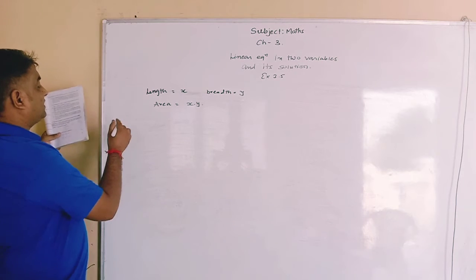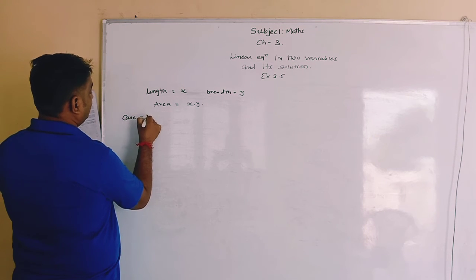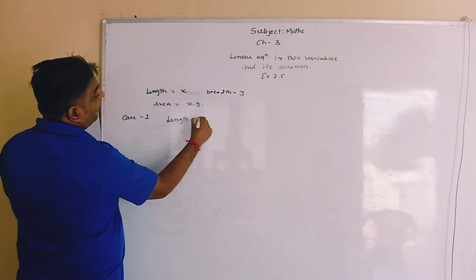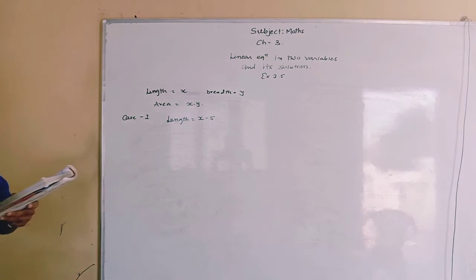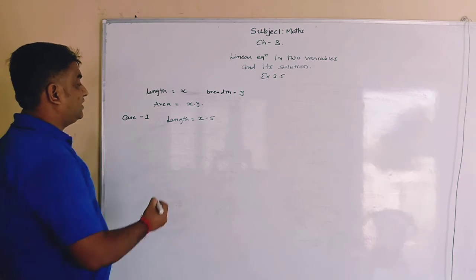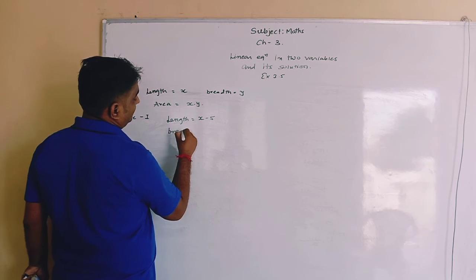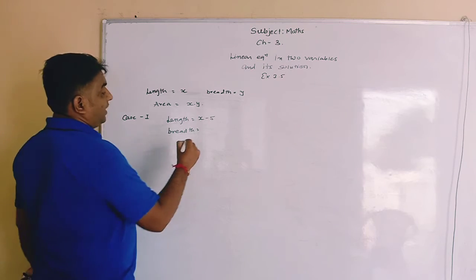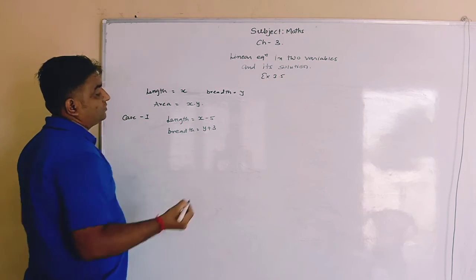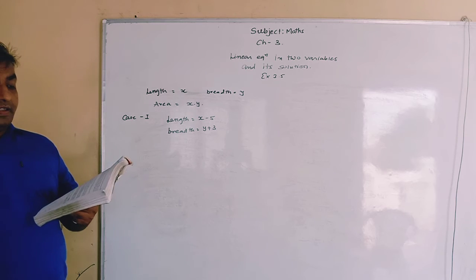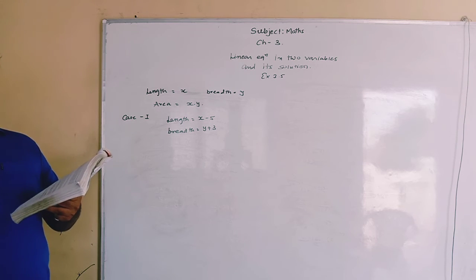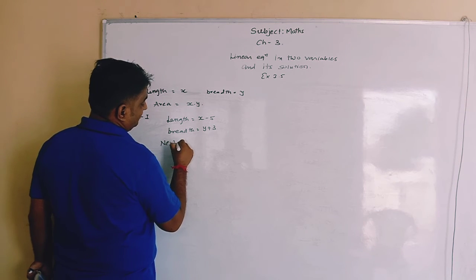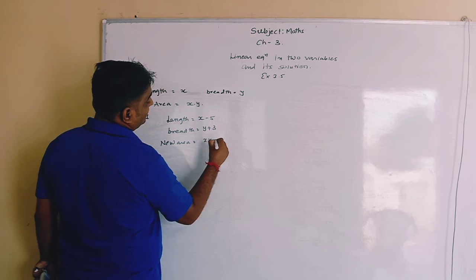Now in case 1 it is said that length is reduced by 5, so the new length will be x minus 5. Breadth is increased by 3, so the new breadth is y plus 3. Then the area will be reduced by 9 square units, and so the new area equals xy minus 9.